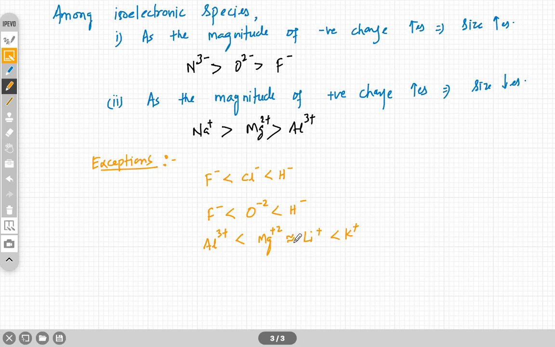Even Mg2 plus is slightly higher than Li plus. So lesser than or equal to we can consider here, right? So these three are exceptional ionic sizes, or ionic radius. These three you must remember. Among these three, this one they have asked in the JEE exam.